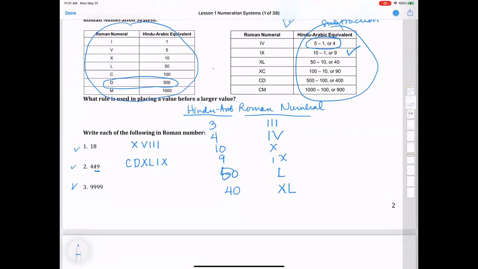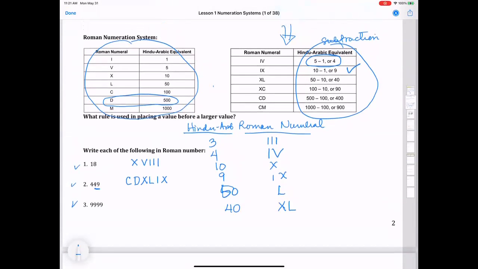By the way, did you notice that there is no symbol higher than M? That's because, based on my research, if you put a bar on top of these symbols, it means you're multiplying the number by 1,000. So for instance, X is 10, but if I put a bar, that's 10 times 1,000, which is the symbol for 10,000.